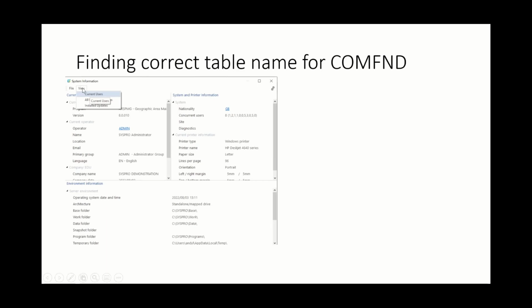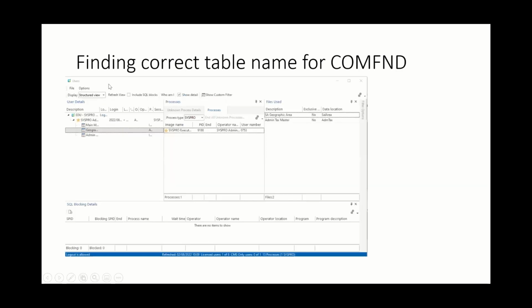But tucked away at the top here, if you go to view current users, it pops up another screen of users. In this example, it's just got my one single user in, but you'd end up with a great long list of all the users on your system. If you click Who Am I, which is here, it'll highlight the user.